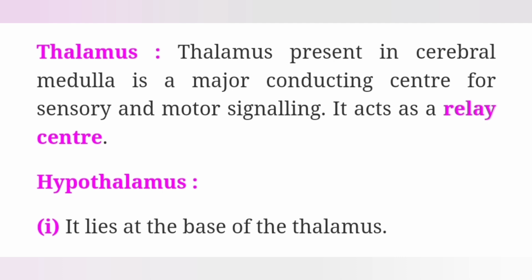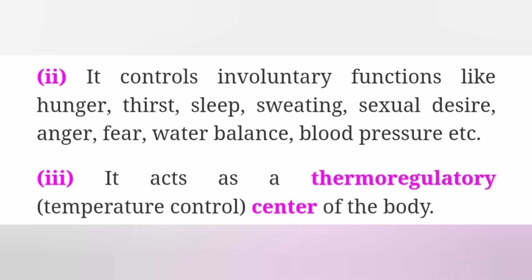It acts as a relay center. Then hypothalamus. First point, it lies at the base of the thalamus. Second point, it controls involuntary functions like hunger, thirst, sleep, sweating, sexual desire, anger, fear, water balance, blood pressure, etc.